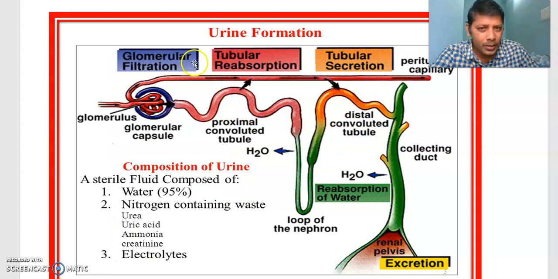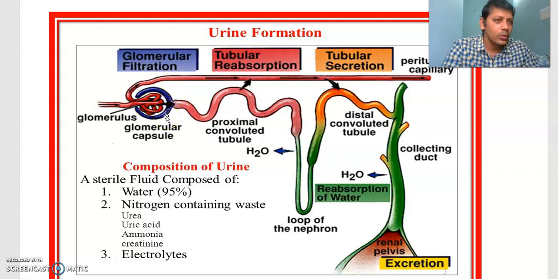Still, some of the students may have confusion over what is reabsorption and what is secretion. I repeat again. This is glomerular filtration: water and solutes coming from the glomerulus into the lumen of the Bowman's capsule. Every day 180 liters of glomerular filtrate is formed, and most of it, that means 178.5 liters, is reabsorbed.